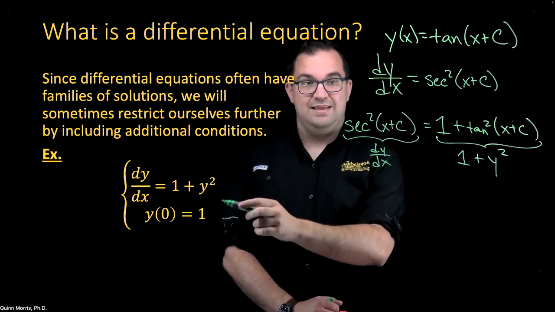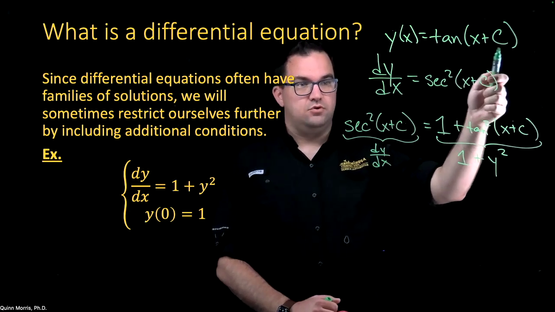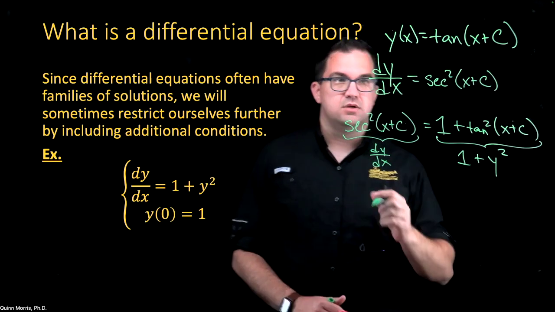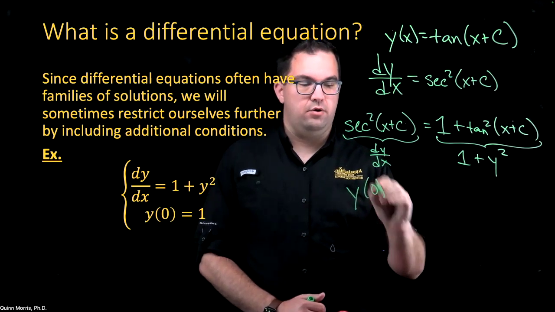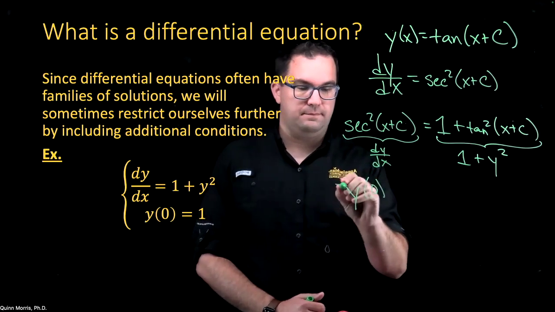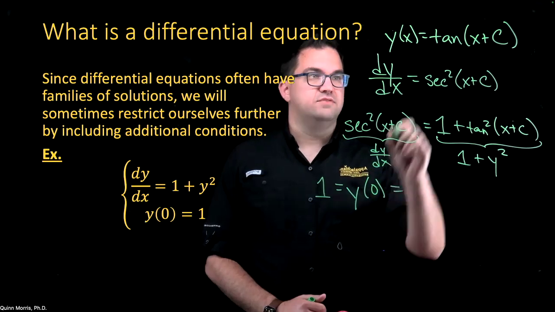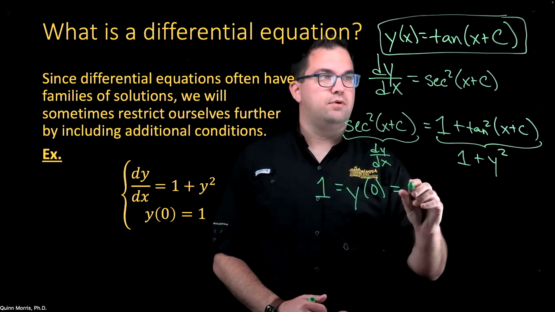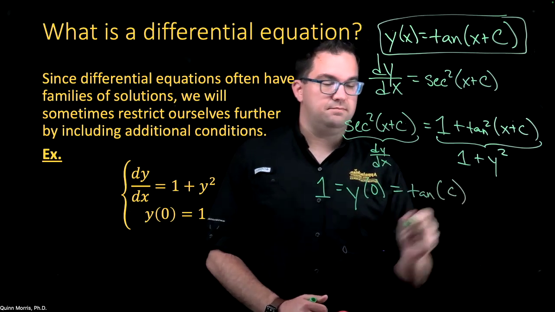But now if I add in this initial value, that will restrict me to a particular solution here. It'll actually help me find my value of c. So if I say, okay, I want y of 0 to be equal to 1, then y of 0, plugging that in to this equation, will give me tangent of 0 plus c.